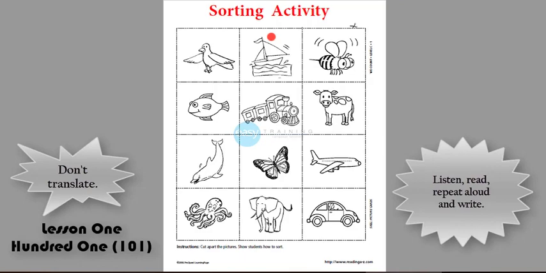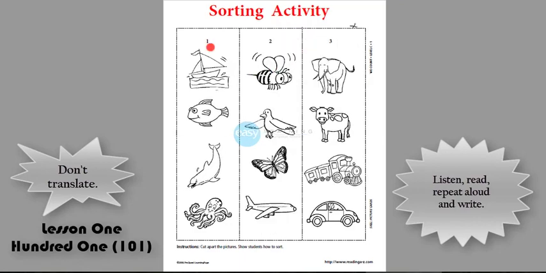So we are going to mix animals and transport. And we have three kinds. Animals and transport that move in water, animals and transport that move in the air, and animals and transport that move on the ground. So let's make those groups. Here are the three groups.